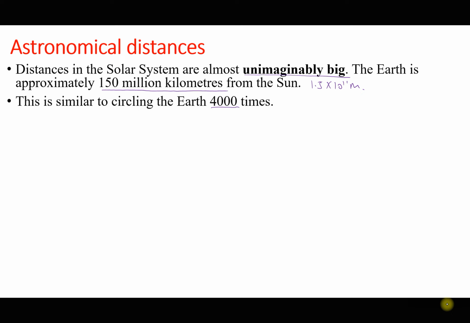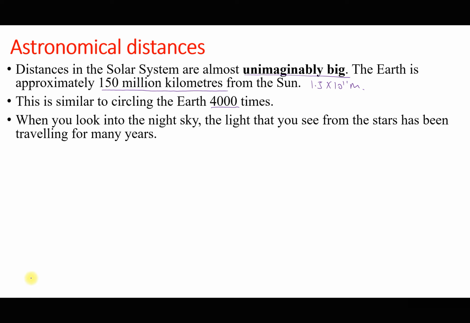Imagine cycling around the Earth 4,000 times, and the radius of the Earth is around 6,400 kilometers, I think. That is the radius. So now imagine cycling around the Earth 4,000 times. So this distance of 150 million kilometers is a very big distance.